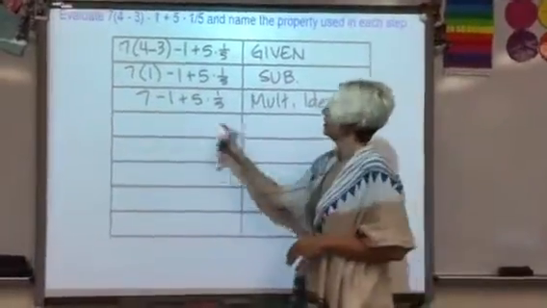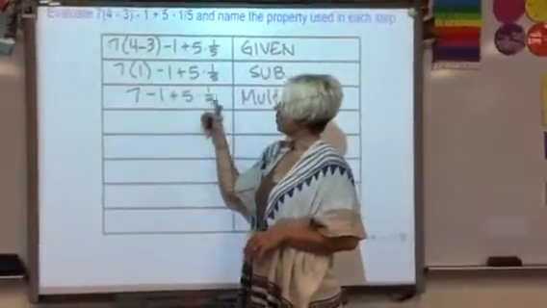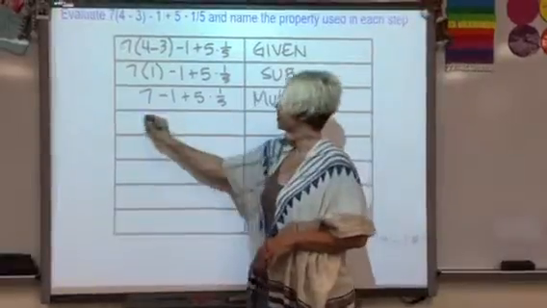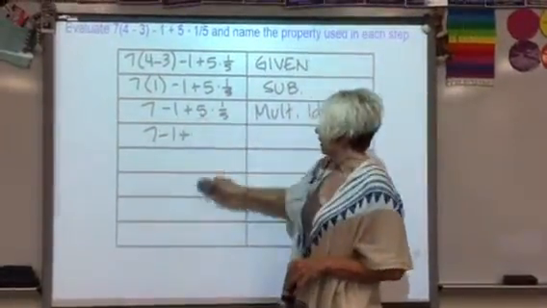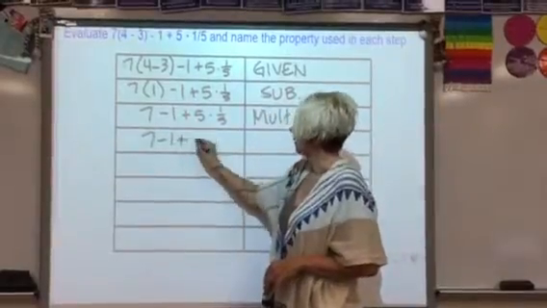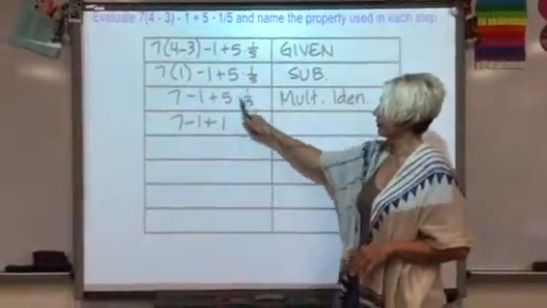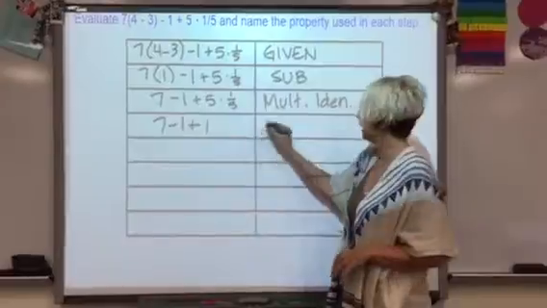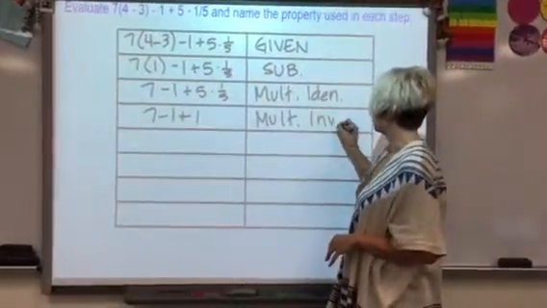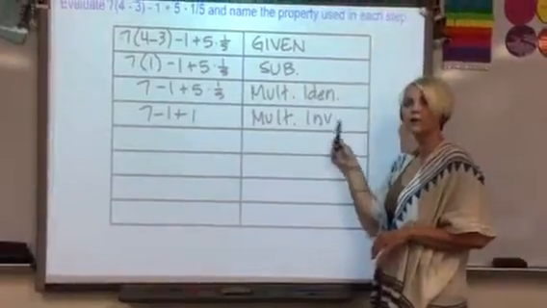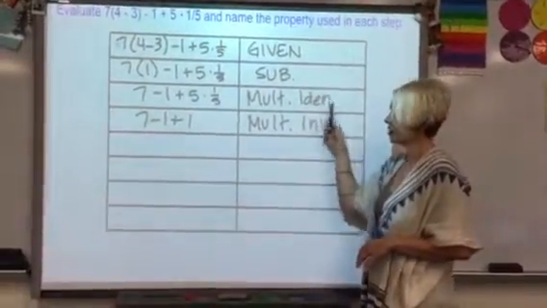Now as you look from left to right, we do all the multiplication and division first. So this is 7 minus 1 plus 5 times its reciprocal, which is going to be 1. 5 times 1/5 is 1, and so that property is your multiplicative inverse. And like I said, you can abbreviate, but remember you have to have a few more letters so that I know which is which.